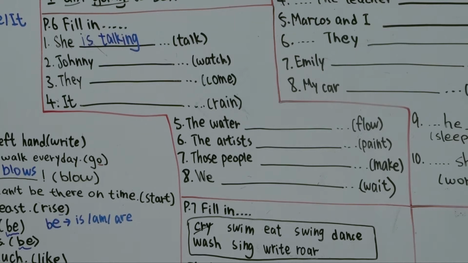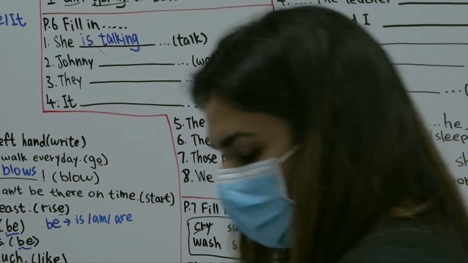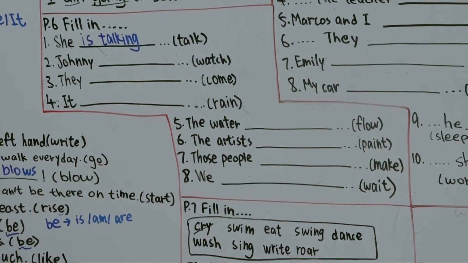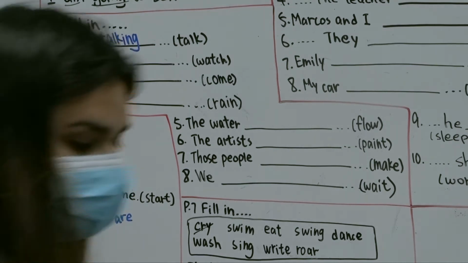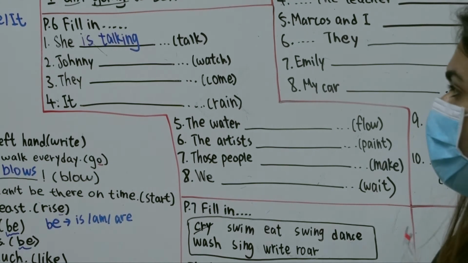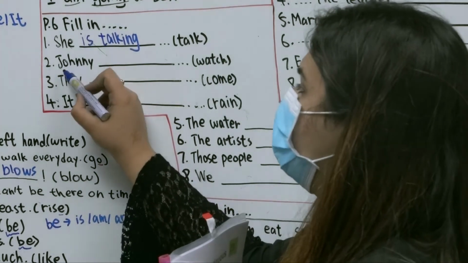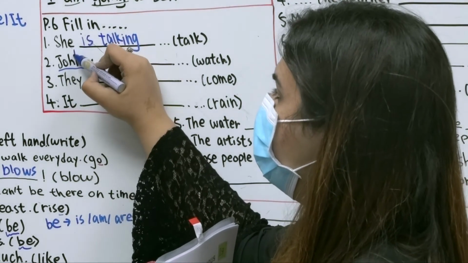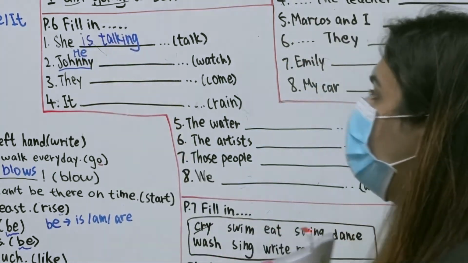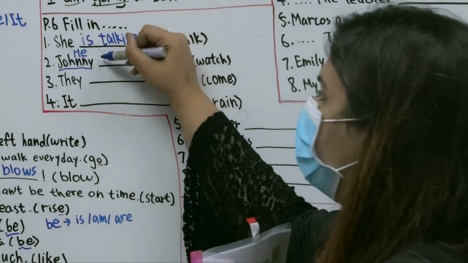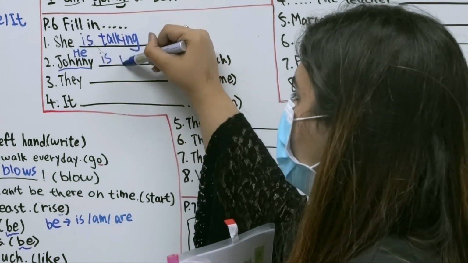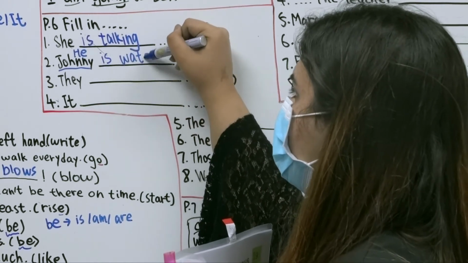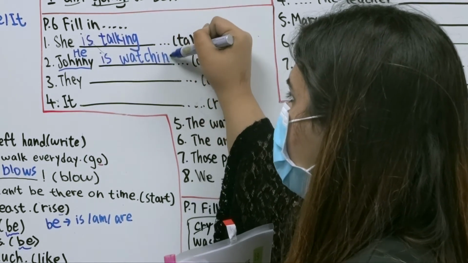Wow, good. Number 2, Johnny space television. Watch. Johnny is a boy, right? So we use is. And then watch becomes watching.